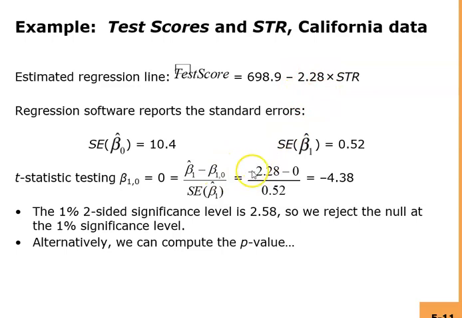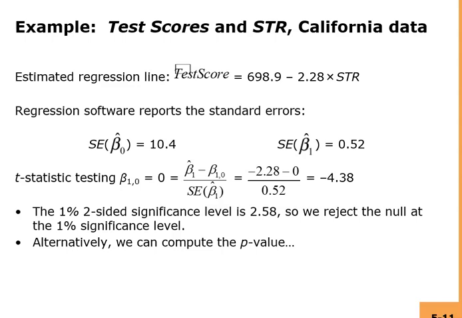So this is minus 2.28 minus 0, where 0 is our hypothesized population parameter. So why do we use 0 as the most common hypothesized value?